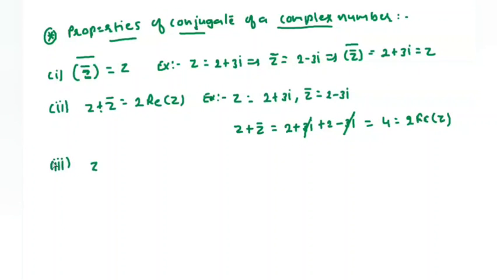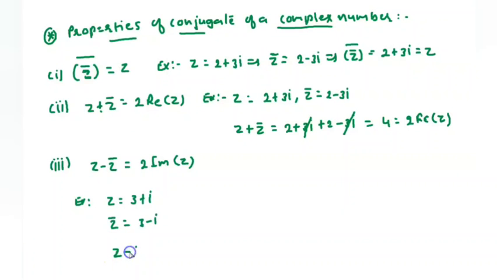Okay, now z minus z bar also we should discuss. That will be equal to twice the imaginary part of z. Okay, let us consider example. If z is equal to 3 plus i is given, then z bar will be 3 minus i.